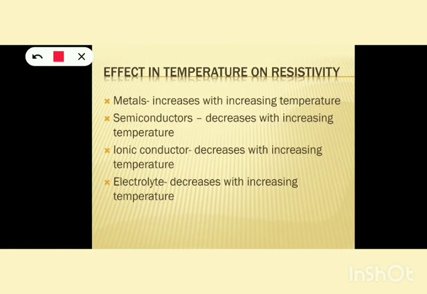In the case of electrolyte, as temperature increases, viscosity decreases. Viscosity decreases, so conductivity increases and resistivity decreases. That means when temperature increases, the molecules move faster, so conductivity increases and resistivity decreases in the case of electrolyte.